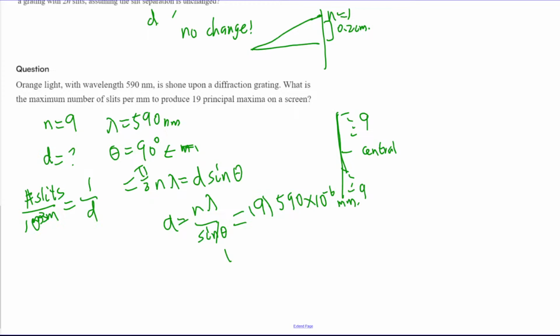Multiply that out on the calculator here quickly. It's 19 times 590 nanometers.